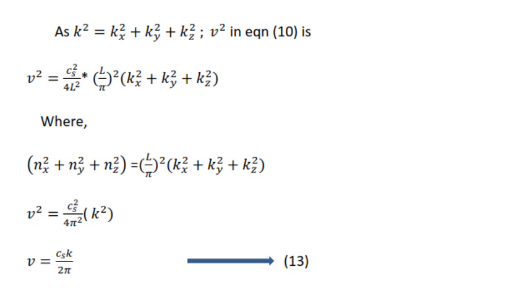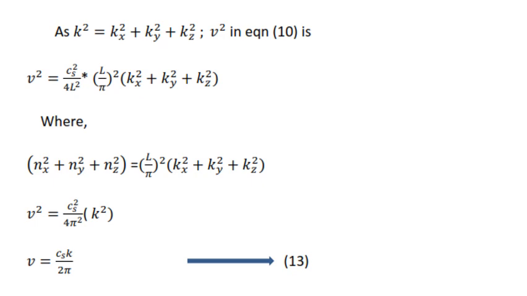From that equation 12, when you cross multiply it, kx is equal to nx pi by l. So from the equation 12 you will find nx square plus ny square plus nz square is equal to (l by pi) square into (kx square plus ky square plus kz square).